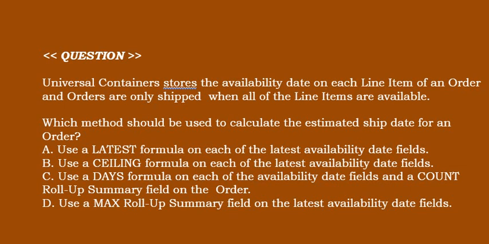Option B. Use a ceiling formula on each of the latest availability date fields. Option C. Use a days formula on each of the availability date fields and a count roll-up summary field on the order. Option D. Use a max roll-up summary field on the latest availability date fields.